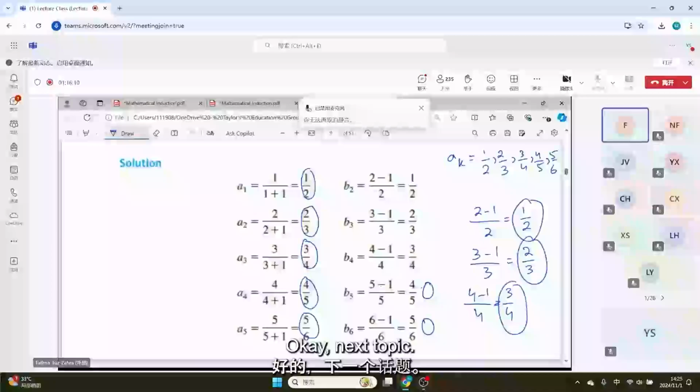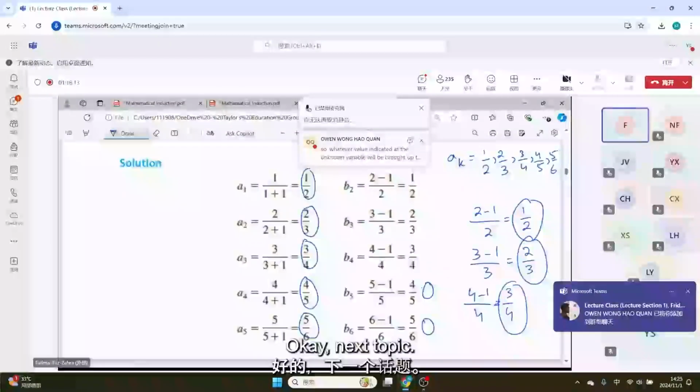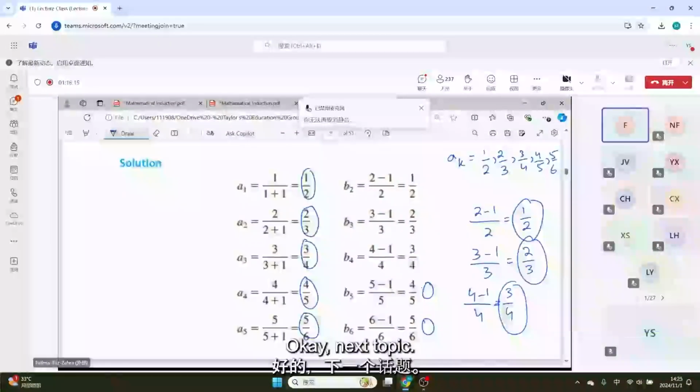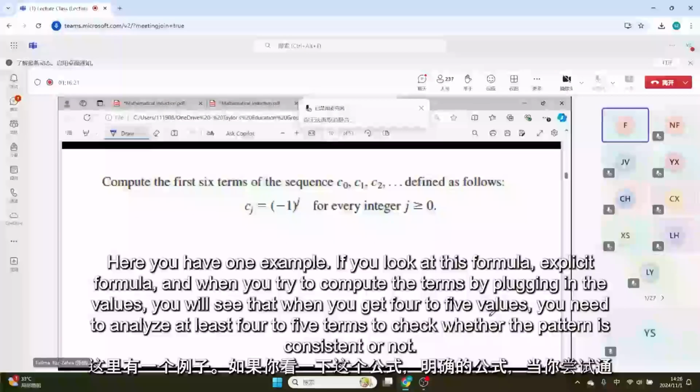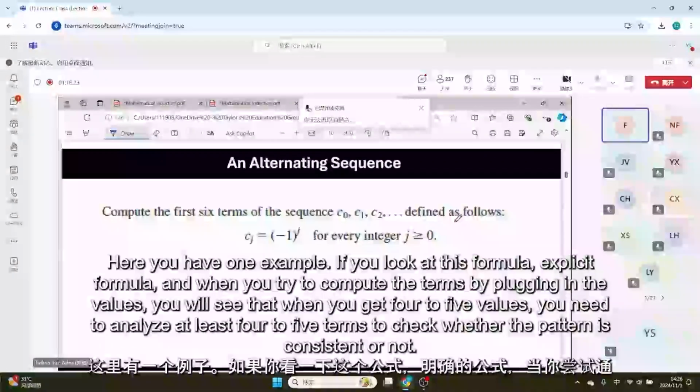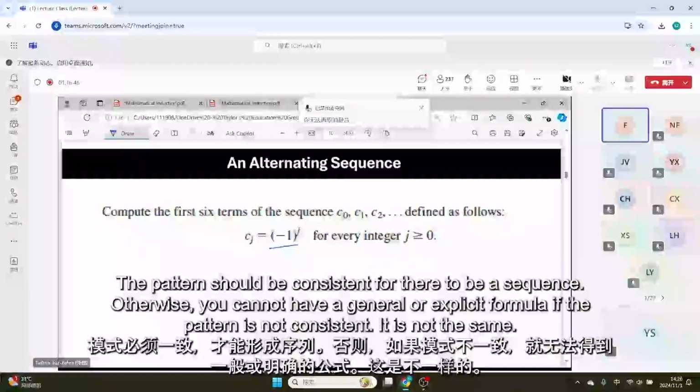Okay, next topic, we'll move forward. Here you have one example. If you look at this explicit formula, and when you try to compute the terms by plugging in the values, you need to analyze at least 4 to 5 terms to check whether the pattern is consistent or not.